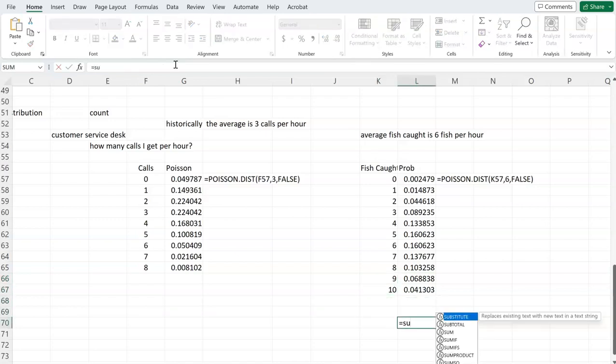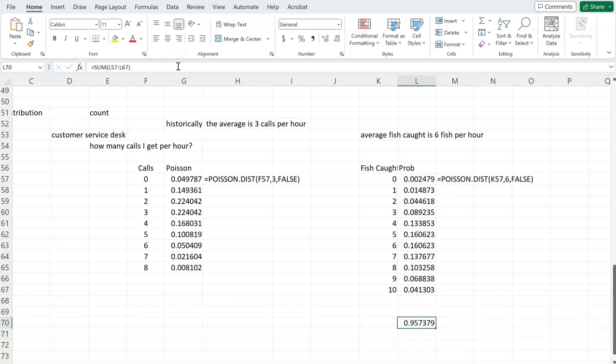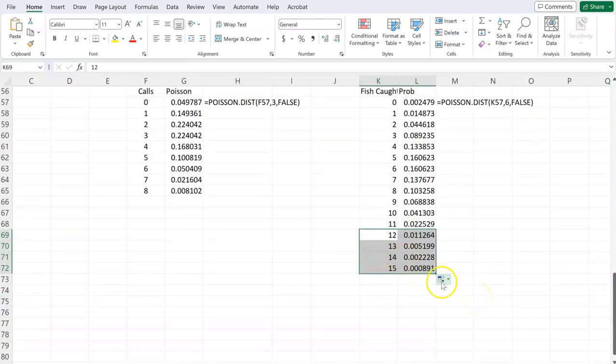If you notice, if I sum all these, it's not going to be quite equal to 1 because I could, in theory, keep on catching more fish. So if I go to 11 and 12, I will have some probabilities here. And so they'll keep on decreasing, and it never really goes quite to 0. It goes very close to 0, but we still have some probability of catching large quantities of fish.